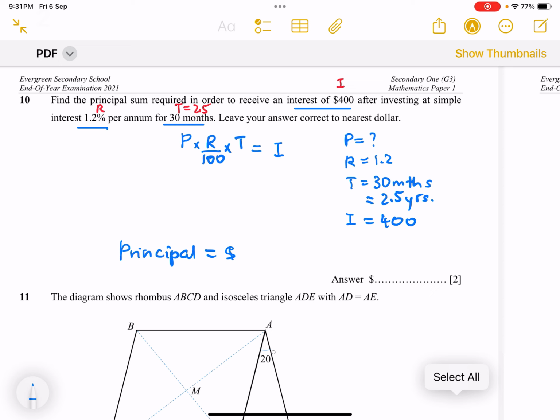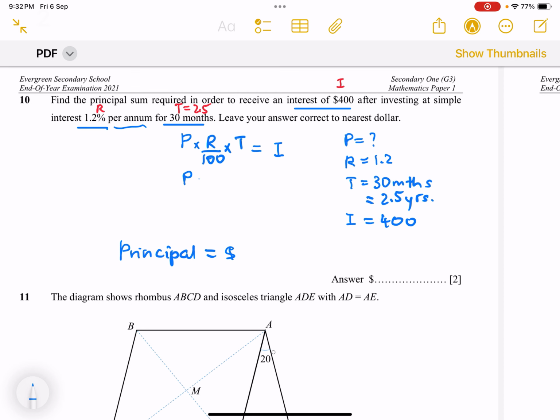Right, the principal is what we need to find, then the rate is 1.2%, and the time is 30 months, which must be converted to years, because per annum means per year, so we must convert to years. And the interest is $400. So once we have identified all the items given, then we can put it into the formula.